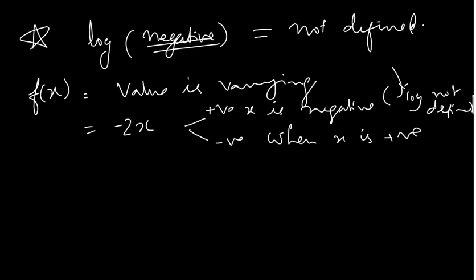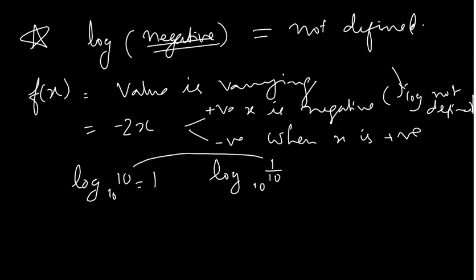And then you have one more. If I have log 10 to the base 10, I said 1. What is log 1 by 10 to the base 10? That means we are trying to see if you have a reciprocal here. This part is a reciprocal of this. Then you get minus 1.